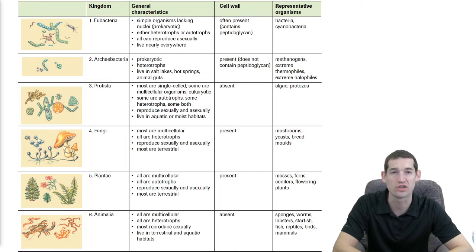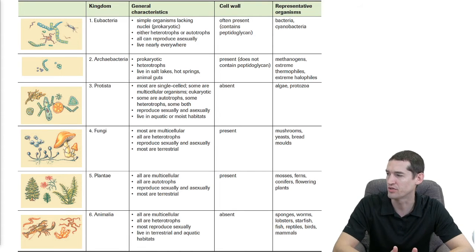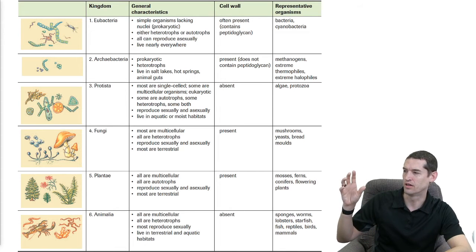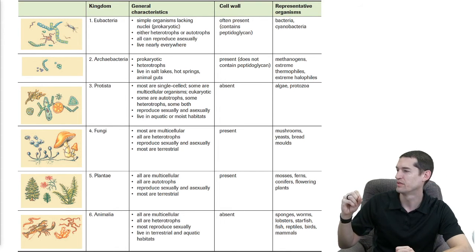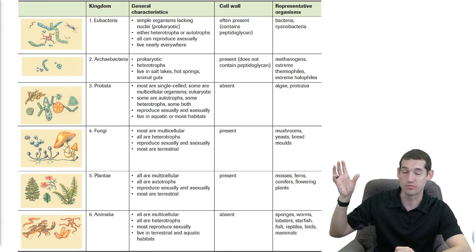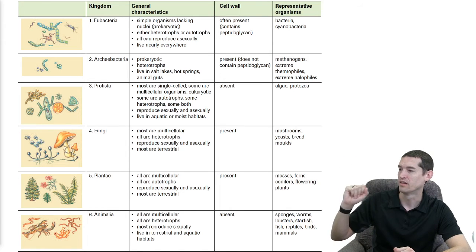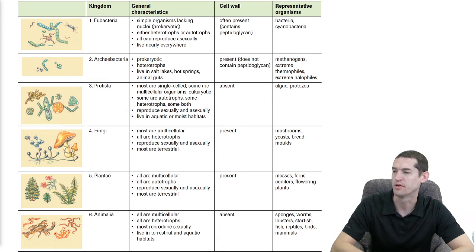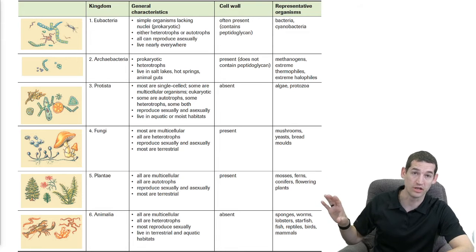They're the microscopic organisms that we don't tend to think about or deal with too much, at least not by name. So the protists are kind of a weird group. The Archaebacteria and the Eubacteria are even weirder. Don't stress too much about knowing all the differences between them.